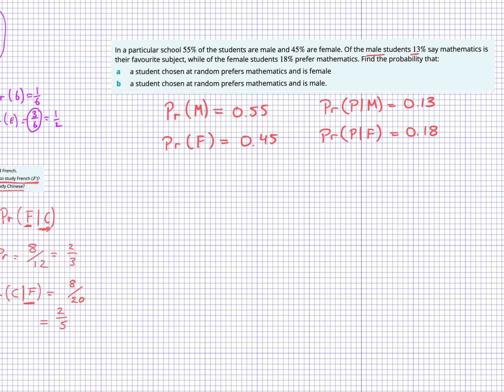All right. So how can I use this information to find the chance that a random student prefers mathematics and is female? So I'm looking for the intersection of female and prefers maths. I know the chance that they prefer if they're female, but I don't know the total chance in the whole pool of finding one of those females.